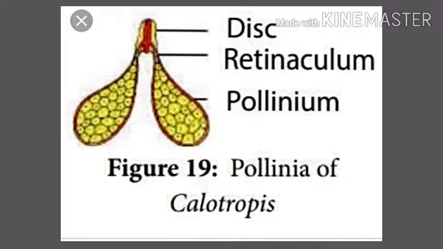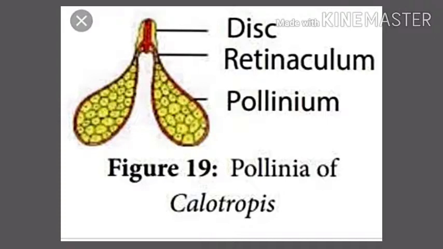Pollen grains are usually free in the pollen sacs. In Calotropis, pollen grains unite to form masses. These masses, they are known as pollinia. Pollinia are the pouch or balloon-like structures.